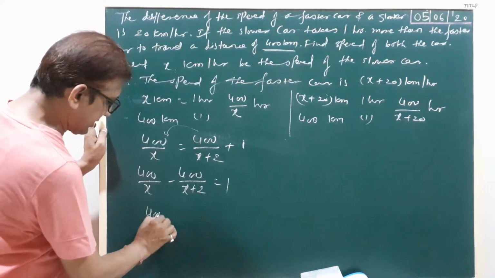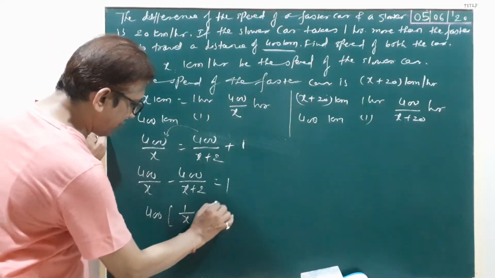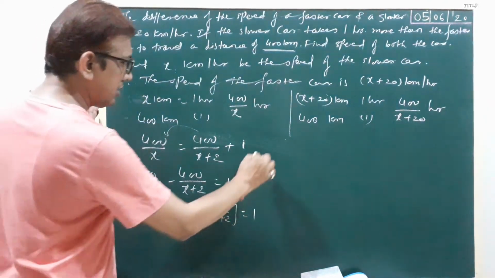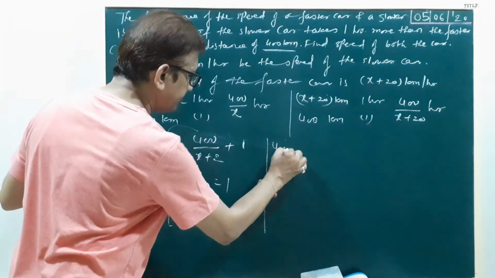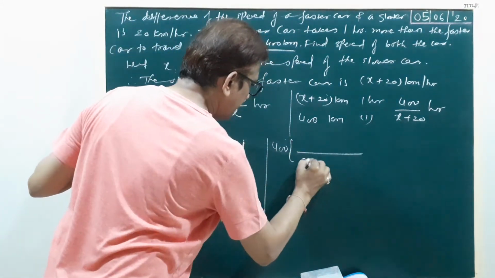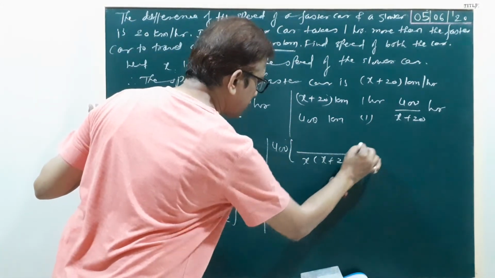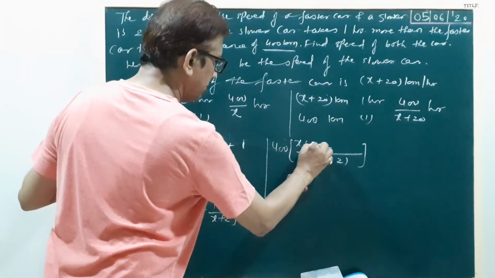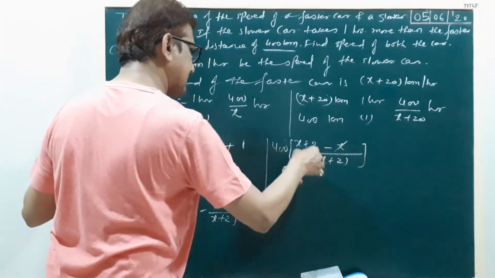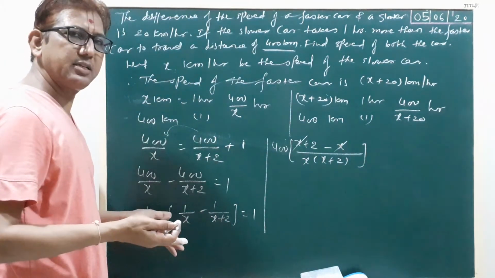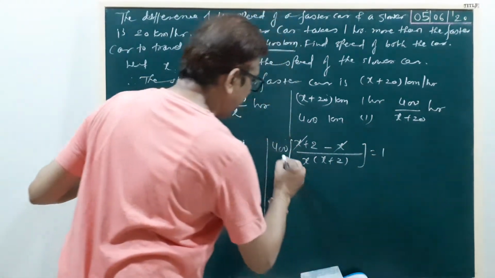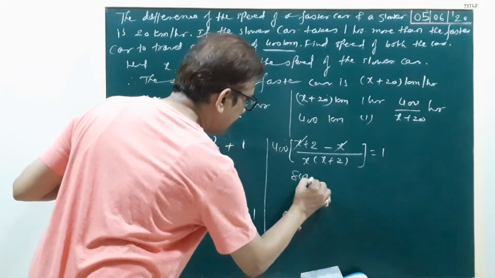So 400 is the common. So 1 upon x minus 1 upon x plus 20 equal to 1. Now cross multiplication. x into x plus 20, negative sign as it is. Cross multiplication: x plus 20 minus x. x is cancelled. That is our final answer. Equal to 1. 400 into 20 is 8000.